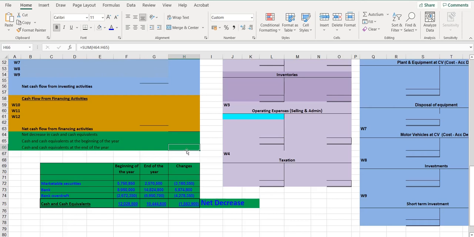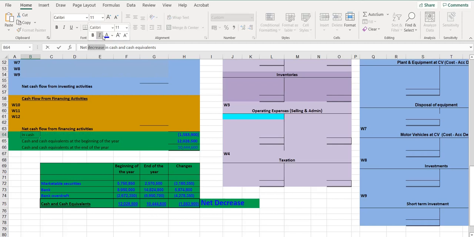Cash and cash equivalent at the end of the year will be the one you get in this column, 10,444,600. The one at the beginning of the year would be the one you got here, and the net decrease should be put in brackets. Make sure you write the wording net decrease.